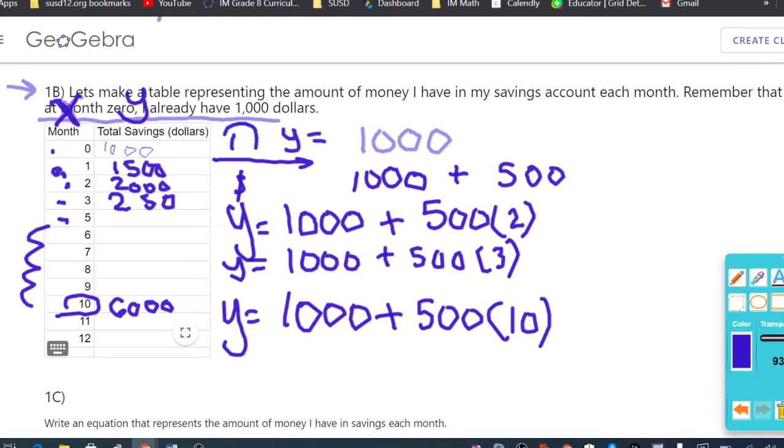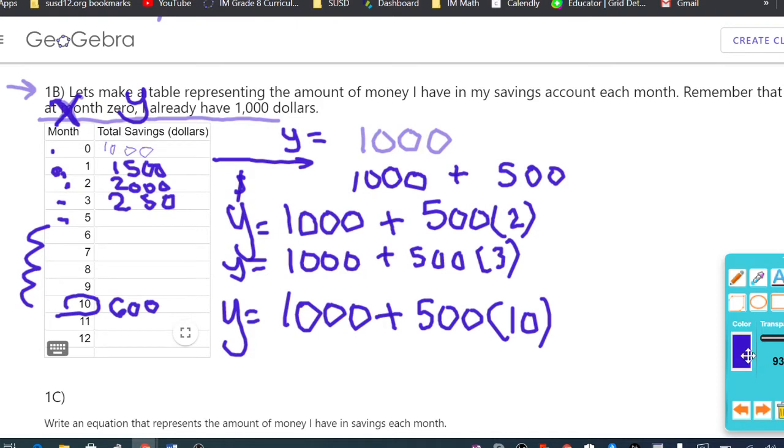In the first month, I had $1,000 plus 500 times 0 months. Oh, I'm sorry. I put these numbers wrong. Let me do that again. Okay, look again at this pattern. Let me do it correctly this time.